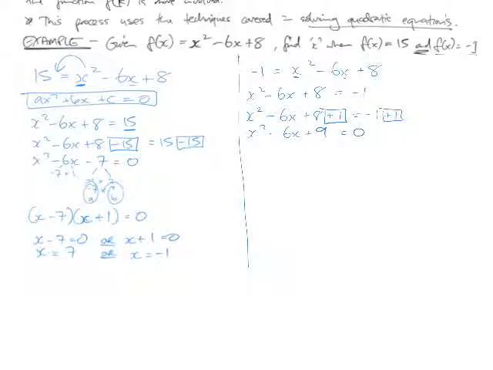Alright, try sum product first. 1 by 9 is not going to get me 6, 3 by 3. Positive 3 by 3 isn't, but negative 3 plus negative 3 will get me negative 6, so that's my a and b, negative 3 and negative 3.